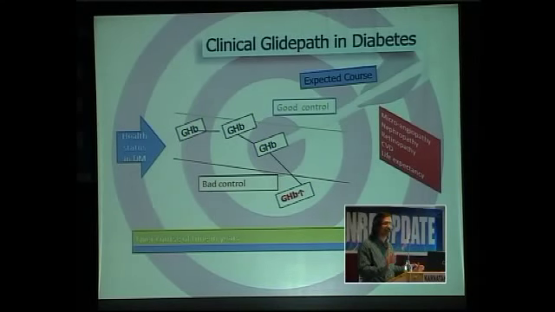Whatever OHA we have started, it is continued. The day you see that the GHB is going wrong, on the higher side, you tend to rectify, tend to change his lifestyle. You tend to shift from OHA to insulin and try to bring the GHB back on track, with a hope and intention that this is going to prevent these outcomes.